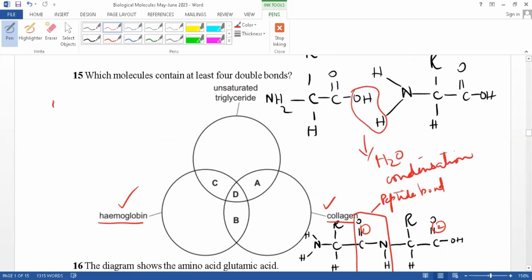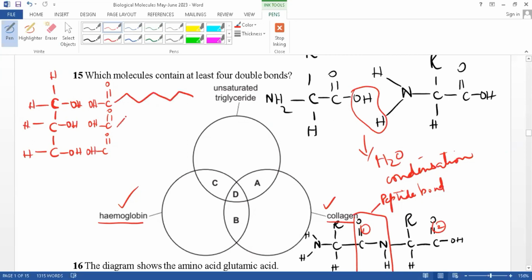If we draw the structure of a triglyceride, this is glycerol having 3 hydroxyls, and this is a triglyceride having 3 fatty acid chains and the long hydrocarbon tail.